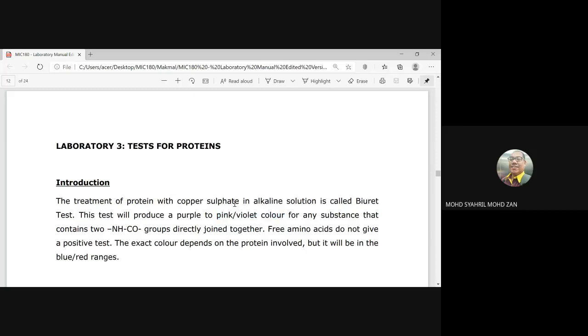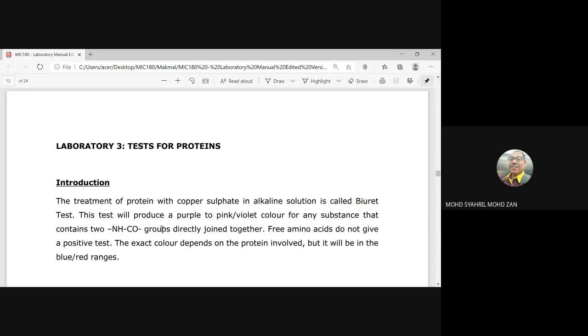Once copper sulfate reacts with the substance inside the protein, you will get the pink violet color. Why? Because any substance that contains two amine groups or carboxyl groups inside the proteins will join together with copper sulfate. So the free amino acid does not give the positive test.